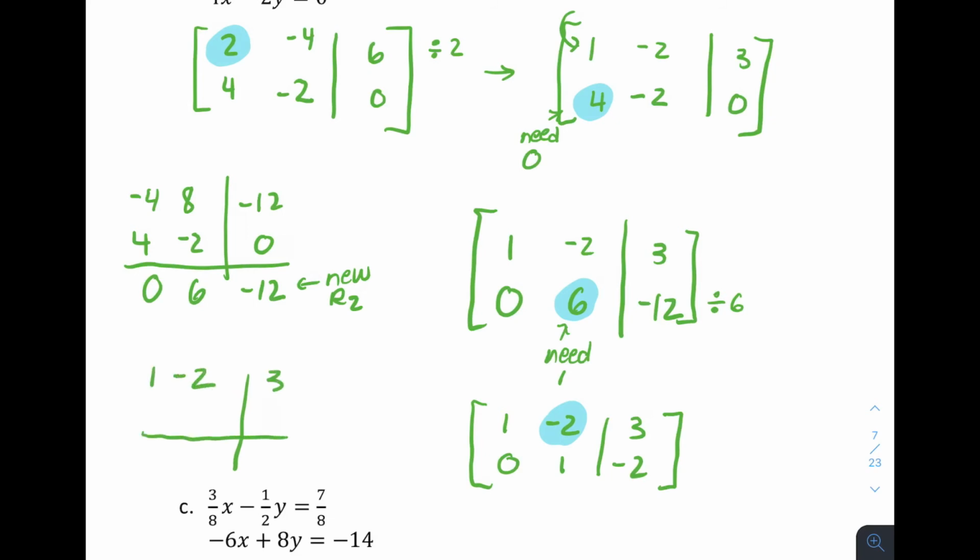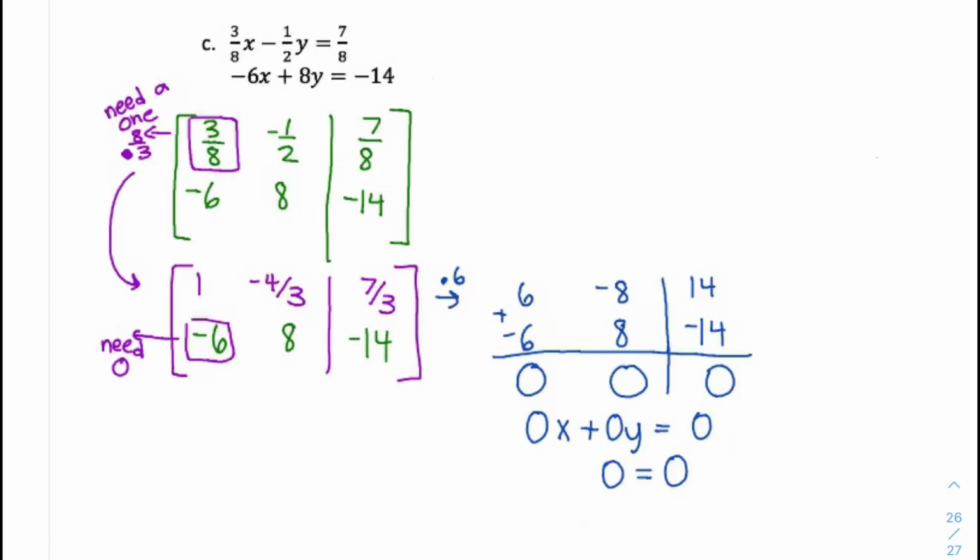If I multiply it by a +2 and then add it together, it'll give me my new first row of 1, 0, and -1. So rewriting my bottom row because I did not change it, and then my new top row that I just got gives me that matrix, which allows me to see that x equals -1 and y equals -2.